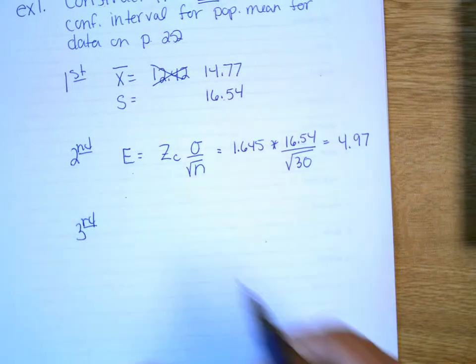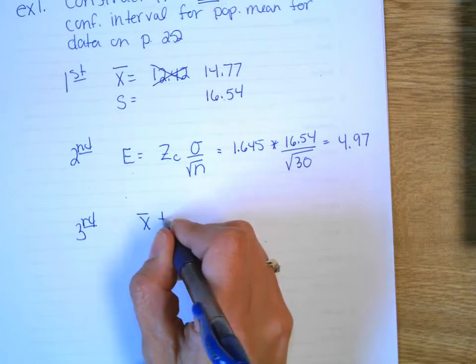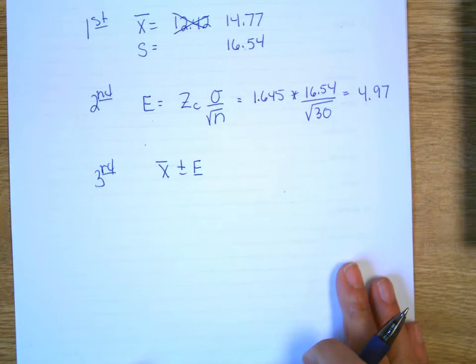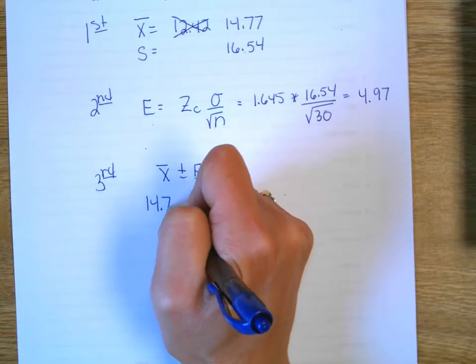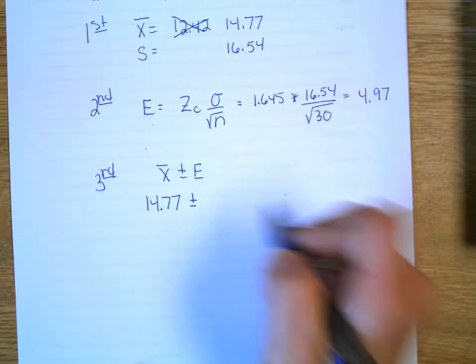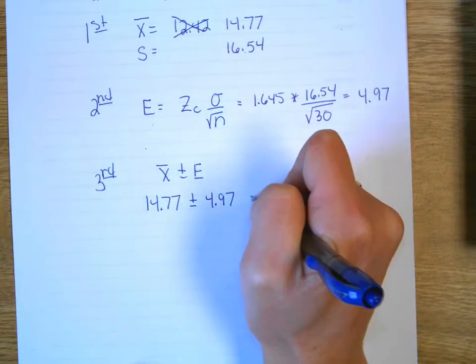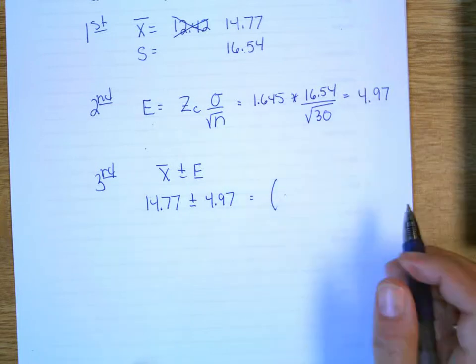So to get the interval, we're going to take our sample mean and then add and subtract that big error. The sample mean was up in step 1, 14.77. And the max error was 4.97. So subtract first, get the low end.